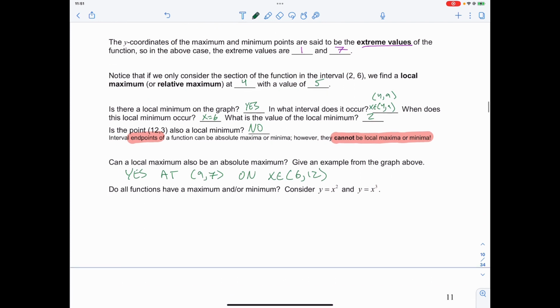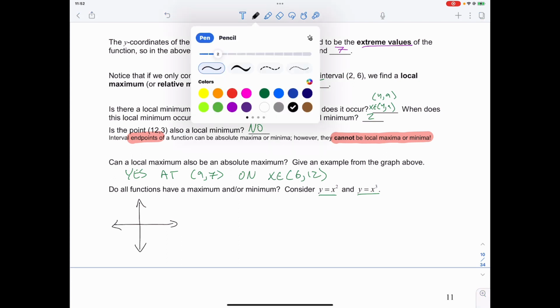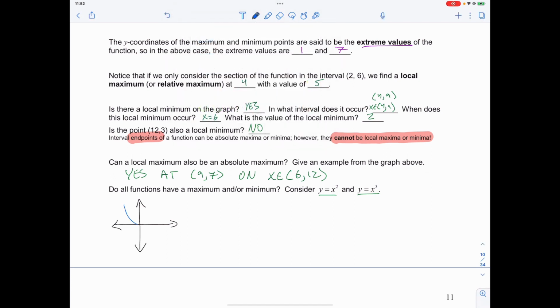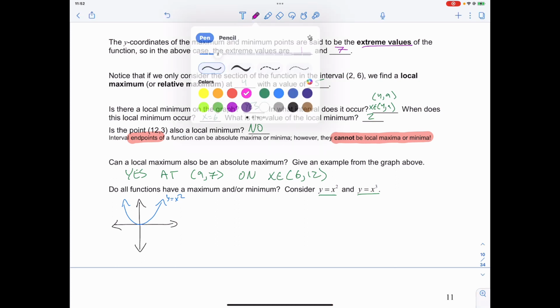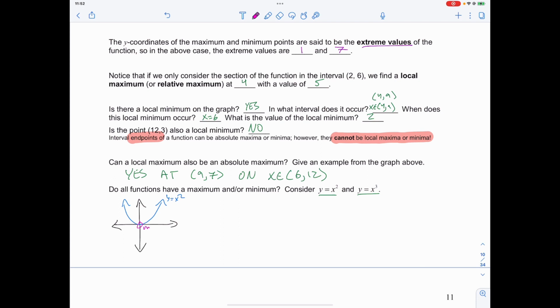When it says, do all functions have a maximum and or a minimum value, considering y is equal to x squared and y is equal to x cubed? Well, if I graph the first one out for y is equal to x squared, then what do we see? We see that this one has a minimum, but it has no maximum.